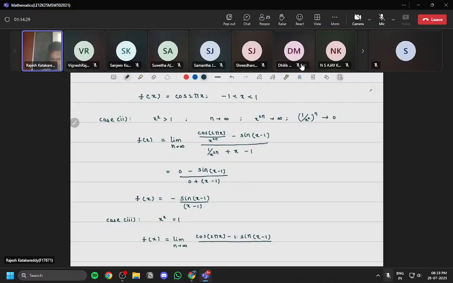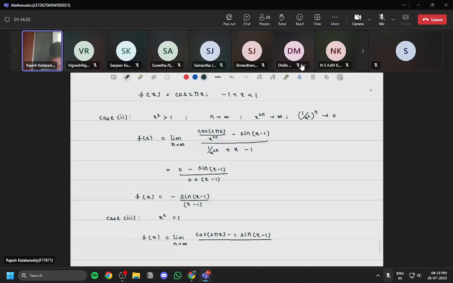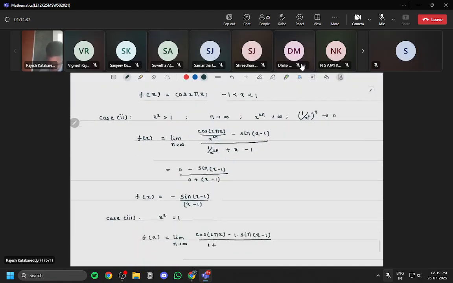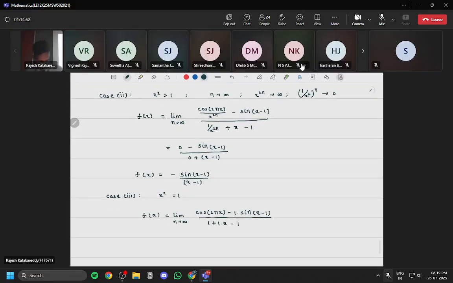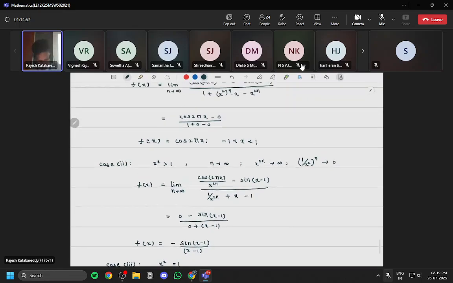The denominator will give us 1 plus 1 into x minus 1. I said x square is only 1, so plus 1 minus 1 got cancelled.